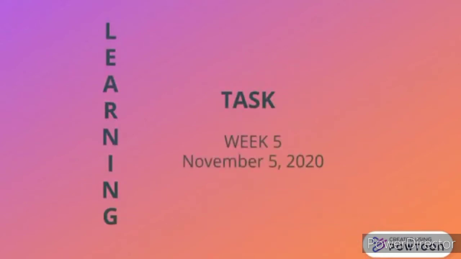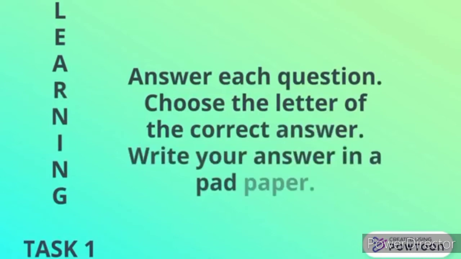We're going to proceed now to answering the learning tasks from week 5 to 8. So, only answers are to be written in all of the learning tasks. In learning task 1, you will just write the letter of the correct answer.